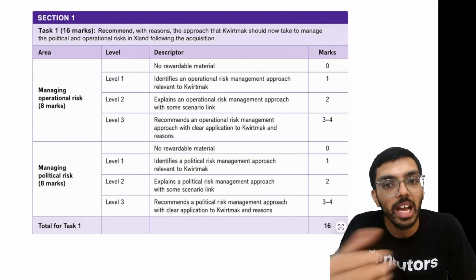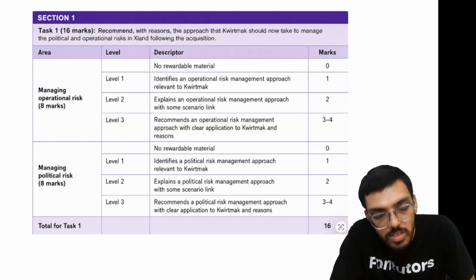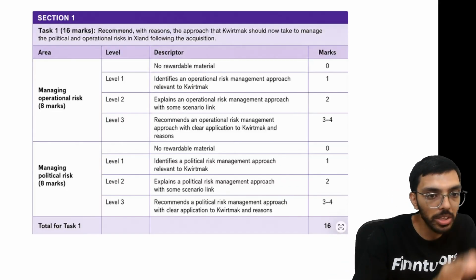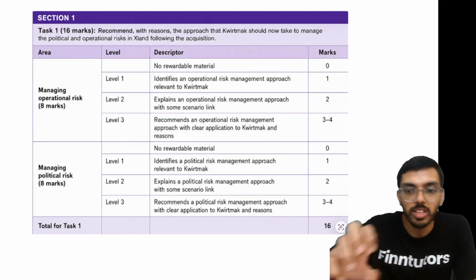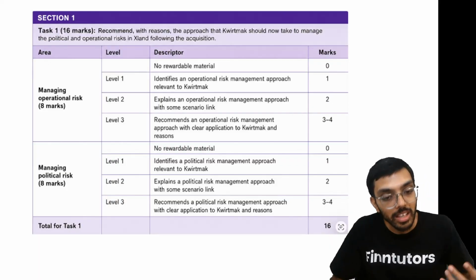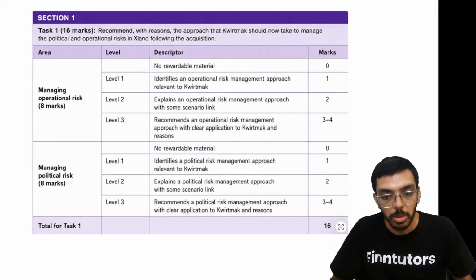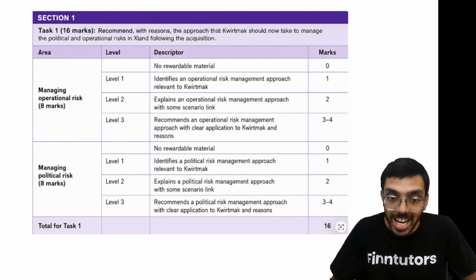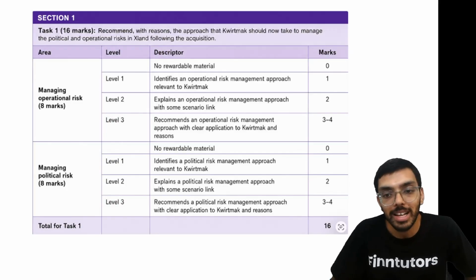No, the textbook only helped you revise what operational risk means, what political risk means. The pre-seen gave you knowledge about the company. But all of this comes together with writing practice, writing style, and extensive writing practice. Because without that, knowing how to use the 60 minutes well becomes a nightmare. And that's where students don't pass.